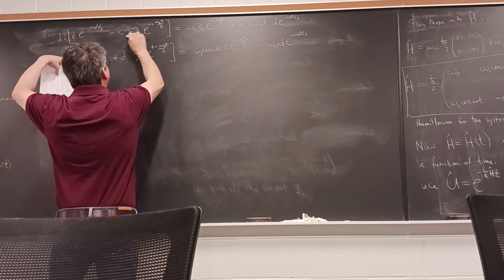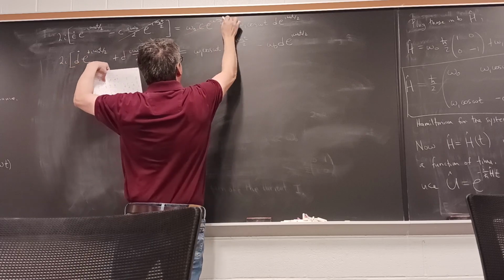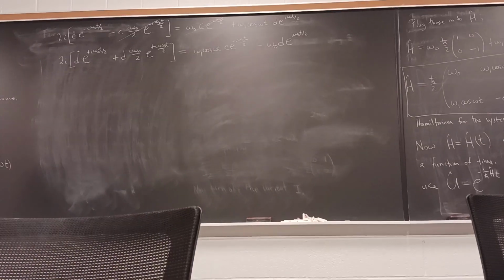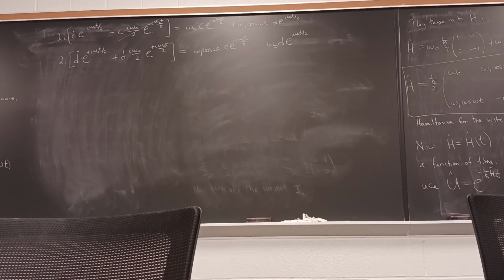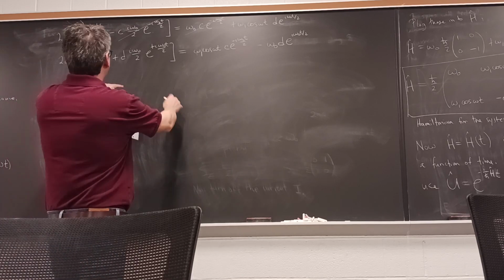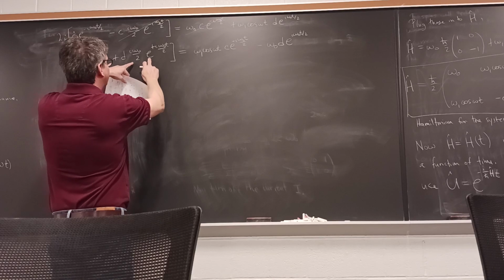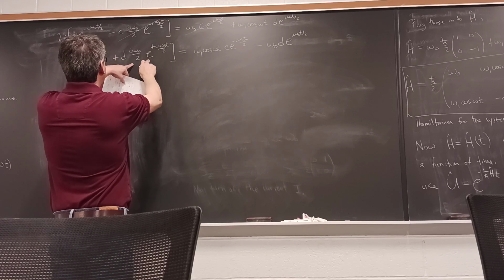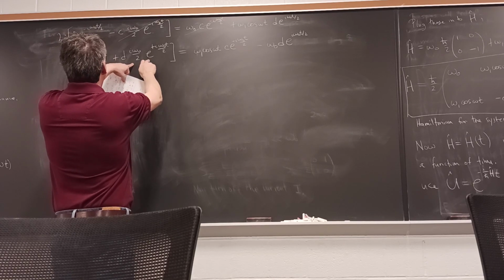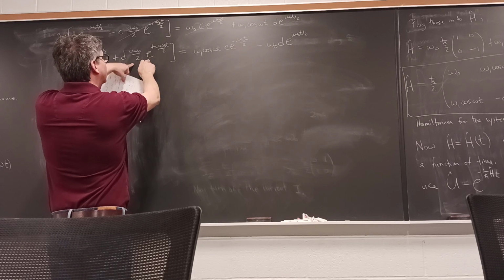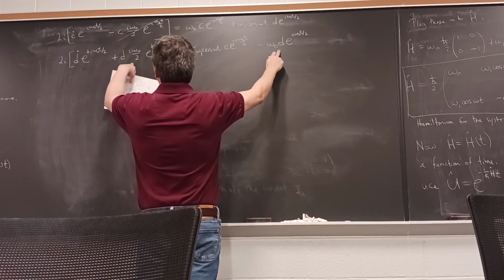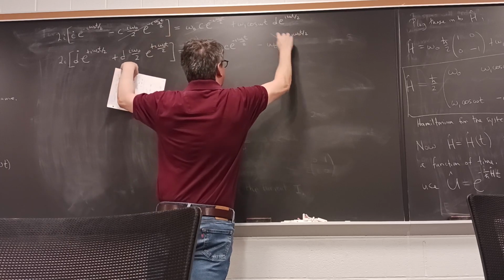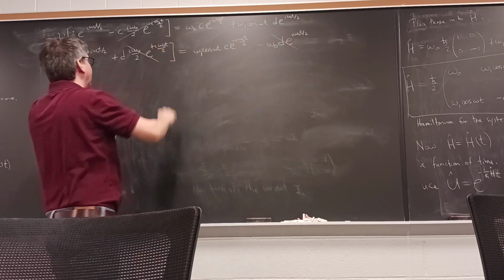So I can cancel this term with that term. And then likewise down here, I'll have omega 0 minus omega 0 D, so I can cancel this term with that term.